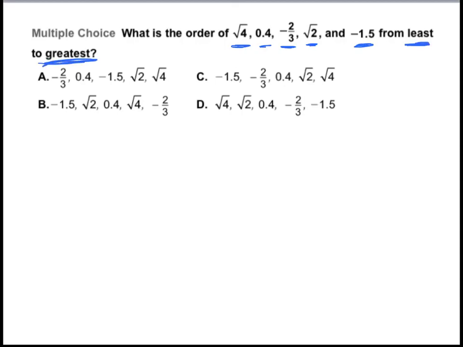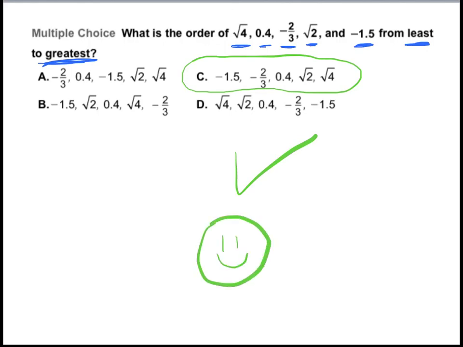You can pause the video right now, and then I will give you the answer in maybe 10 seconds. Okay, if you picked C as your answer, then you are correct. Give yourself a nice smiley face here. And that's it for this unit.